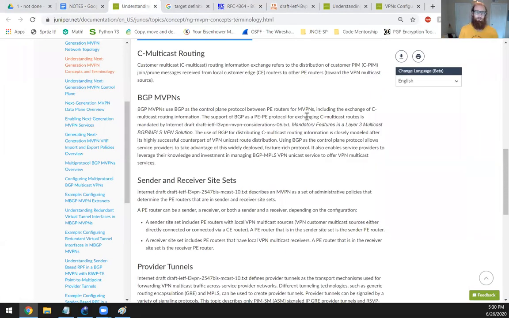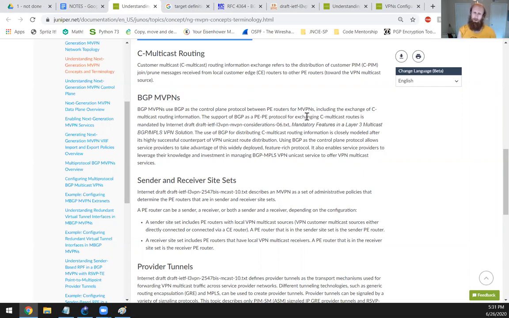C-multicast routing, customer multicast. C-multicast routing information exchange refers to the distribution of customer PIM, C-PIM, which is, I should know this a little bit because multicast was on the JNCIE-SP.